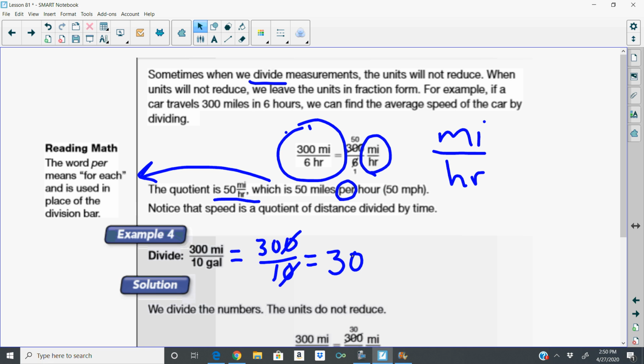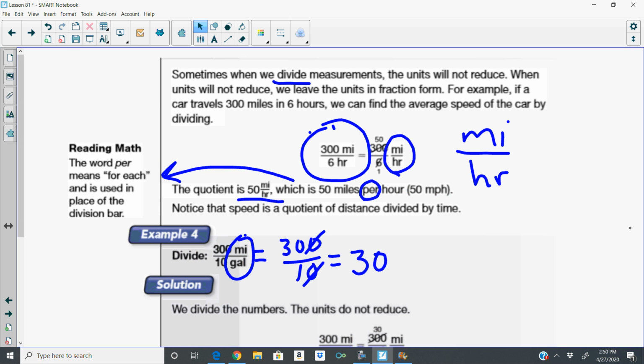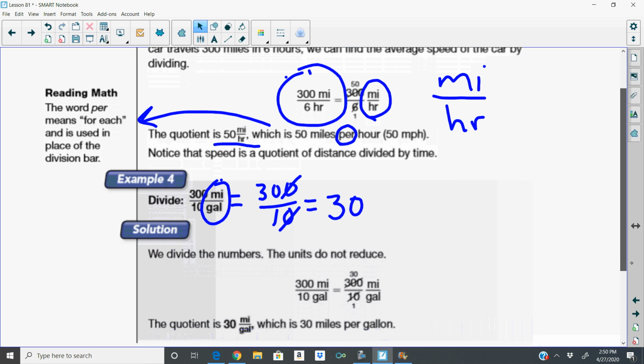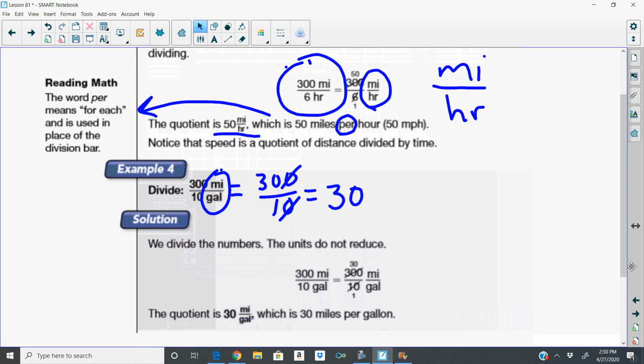Now we can't reduce miles and gallons. We cannot cross those out. So what we have, look at the bottom there, is miles per gallon, because that's what that fraction bar represents when we have those labels.